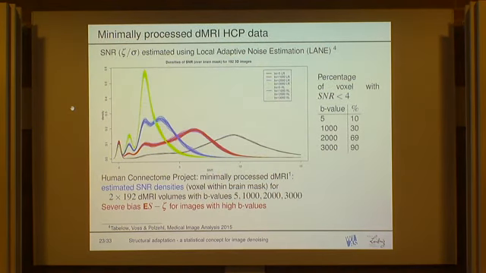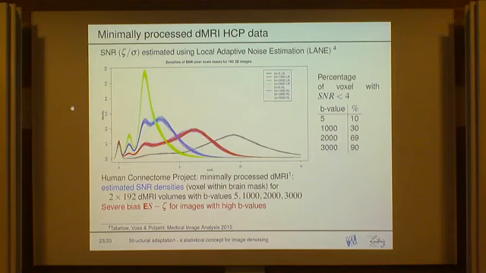Okay, next problem. We have analyzed data from the Human Connectome Project in order to see what the signal distributions really are. We tried to determine densities of SNR for the different shells for minimally processed data.